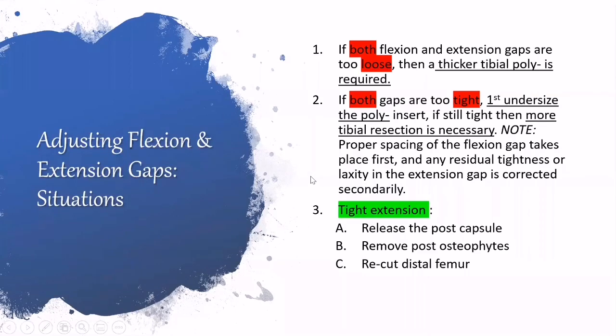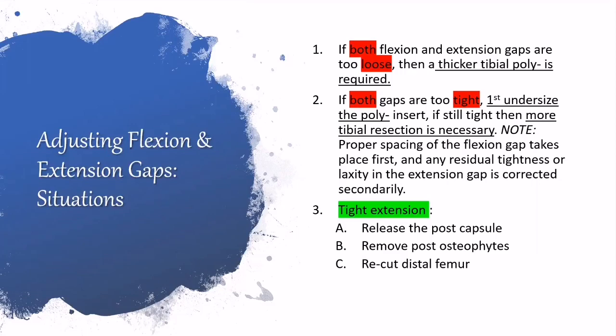Another situation is when you have only extension tightness, which means that flexion is balanced. What we want is for both of them to be balanced. We say that extension is tight, which means that there is an extra distal femur, or posteriorly there are osteophytes that prevent full extension.